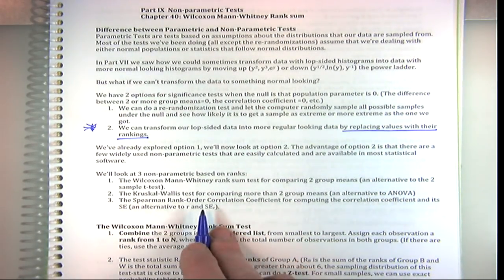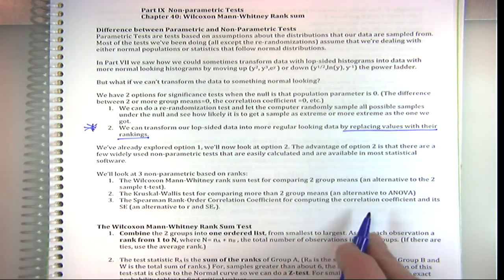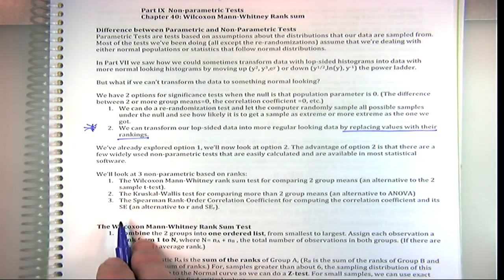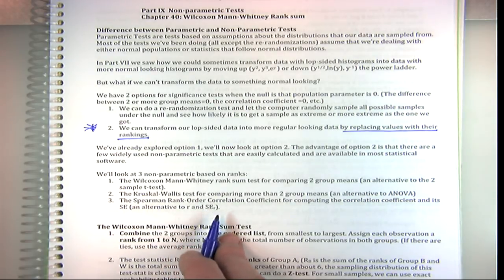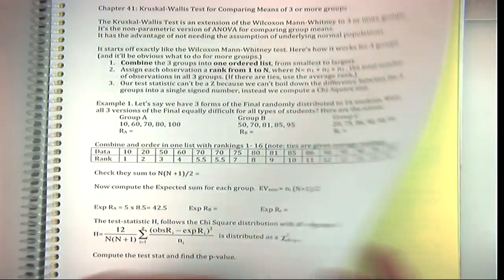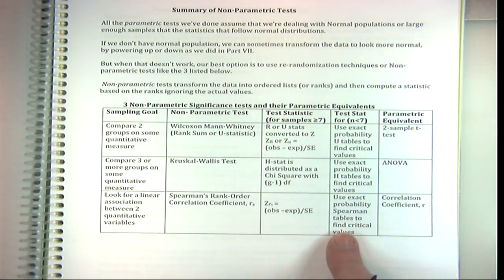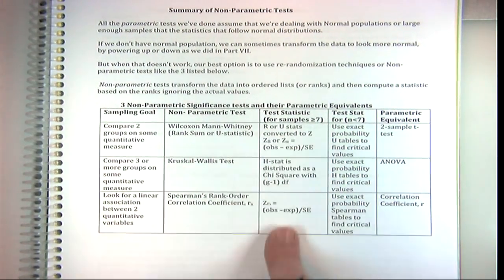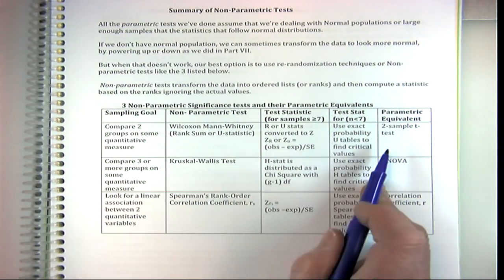And then there's the Spearman rank order correlation coefficient, for computing the correlation coefficient and its standard error, an alternative to our usual r and SE of r. I laid this out for you on page 207, a summary of the tests and statistics we're going to use. Today we're just going to do this one right here.